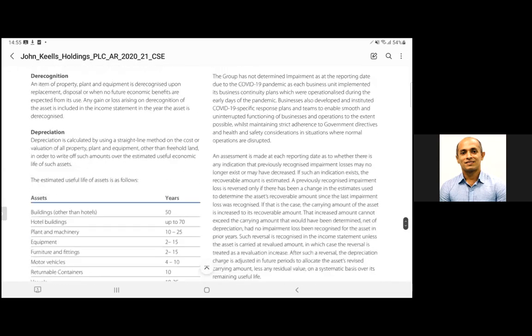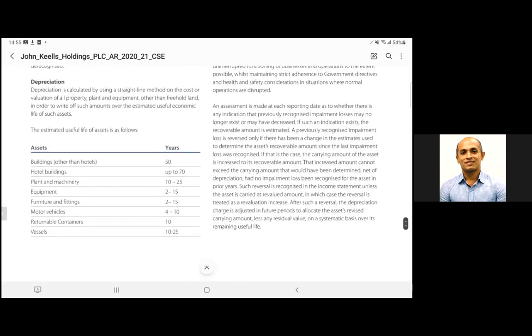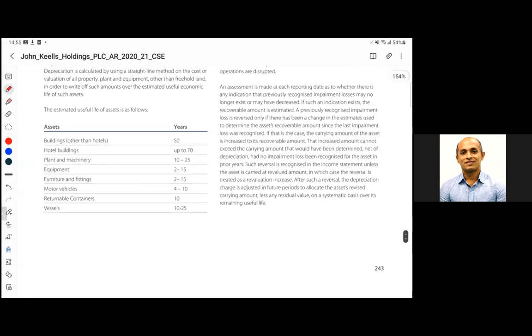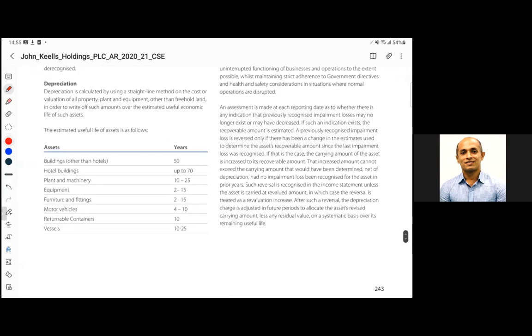Now you see the accounting policy states the company's depreciation policy. For each asset class, you see the useful life in years.